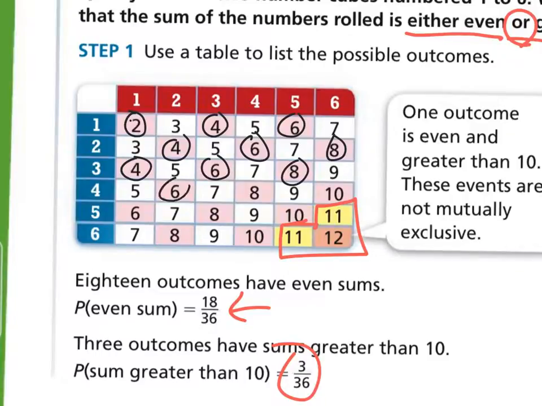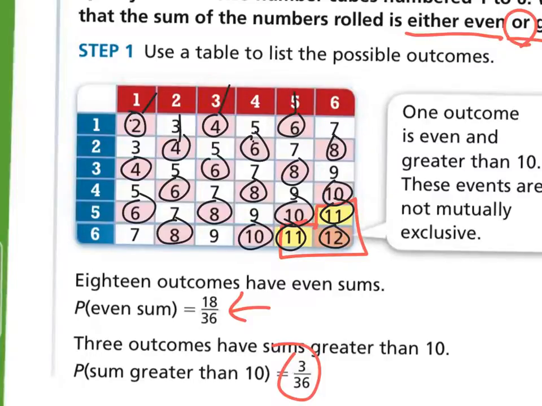And I know they've got them shaded here for us already, but if we just look at all these different possibilities like that, then we're not going to count that 12 twice by just circling it. So we just count, and when you count those up, there's 20 out of 36 there.